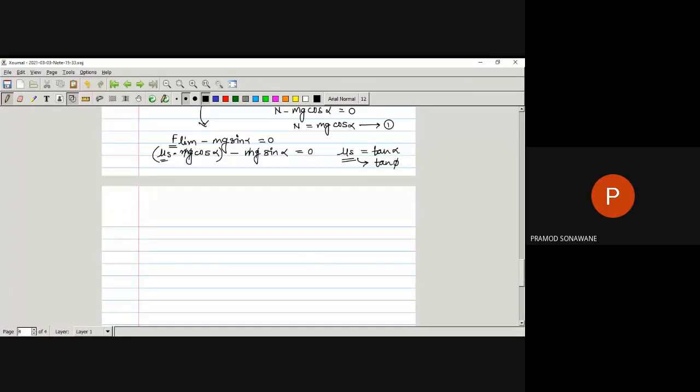As tan phi is equal to mu s, and mu s is equal to tan alpha, phi is equal to alpha. Yes or no? Yes, ma'am. So my angle of friction will always be equal to the angle of repose. Very important conclusion.